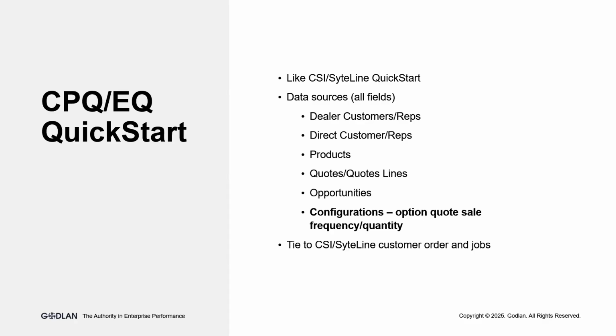So one of the things that our content does is it goes a level deeper into the configurations, and we've supported customers to do even tighter integration of reporting between this data and the Sightline data when they release orders from enterprise quoting into Sightline, and those become a series of customer order lines and jobs within Sightline and the ability to correlate that back to the configuration.